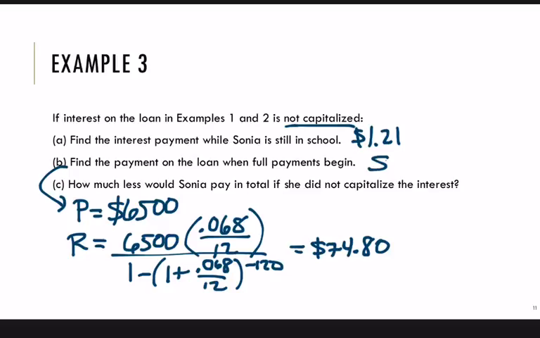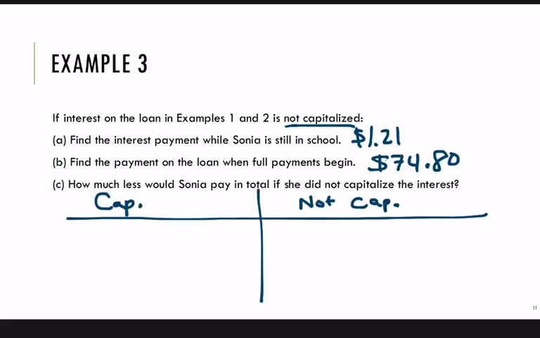Alright, so that's the payment on her loan each month. Now here's the question. How much less would she pay in total if she did not capitalize the interest? So let's do a comparison between the capitalizing situation and the not capitalizing. Alright, so capitalizing, that's when the interest accumulates and she doesn't pay it off.